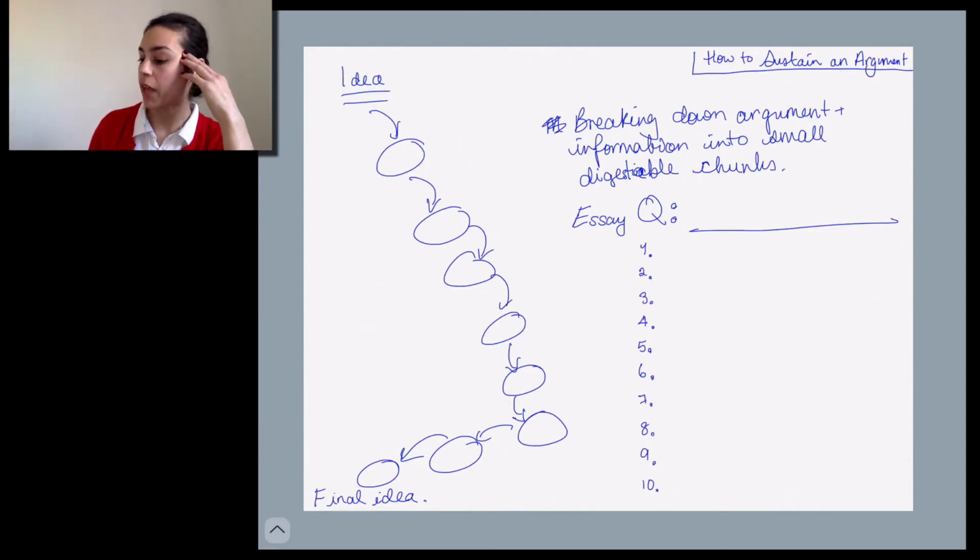Okay, so when we have an essay question, I want you to aim for 10 sentences. And these 10 sentences, well, they'll be questions actually, 10 questions. They are going to be your stepping stones from your essay question to your final idea.